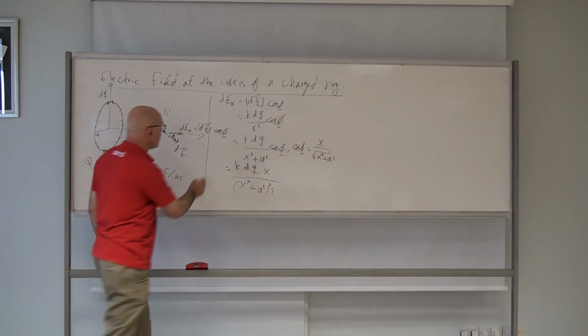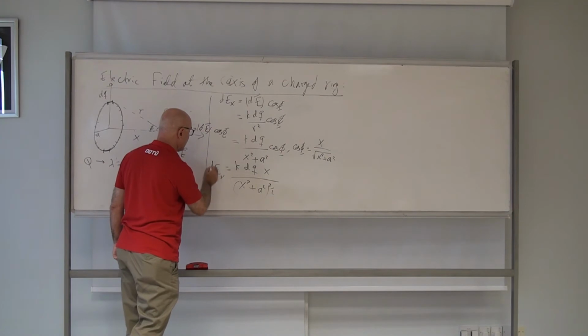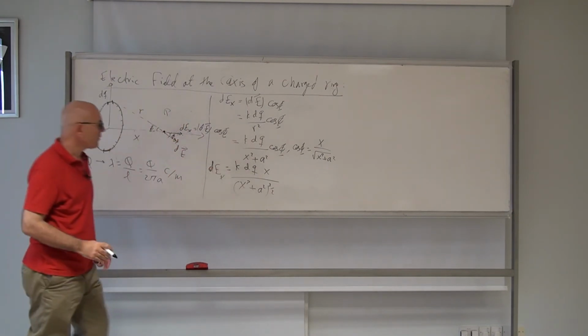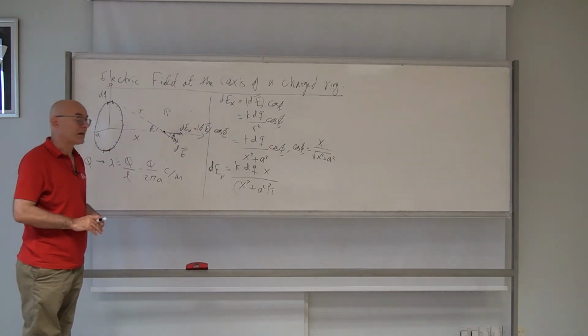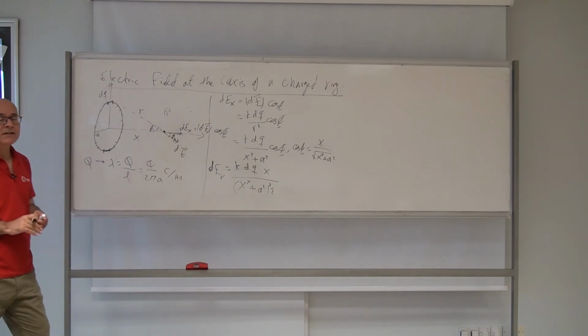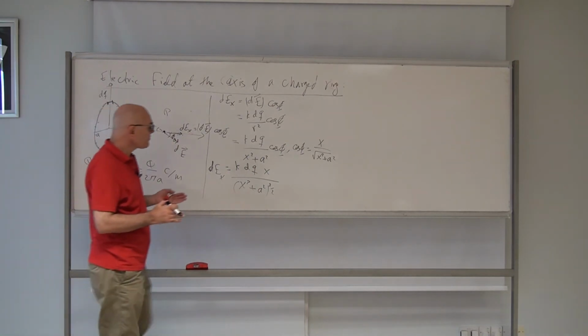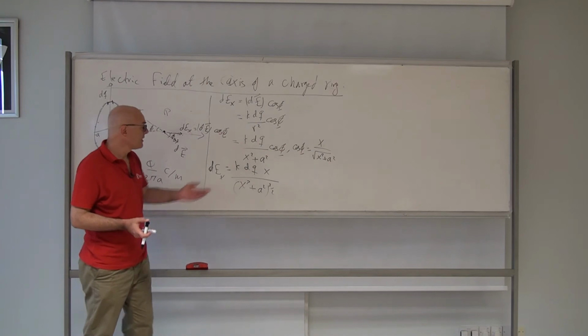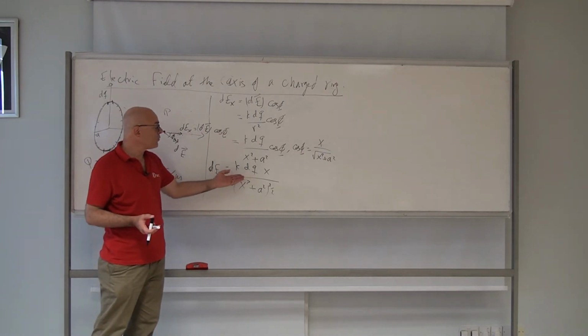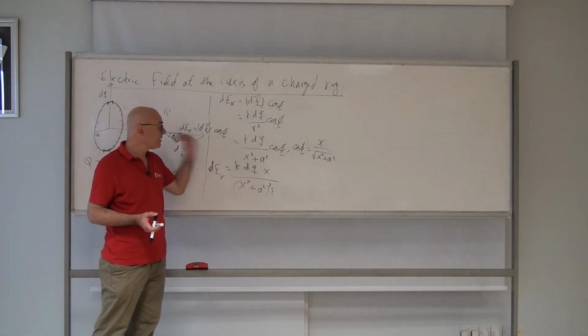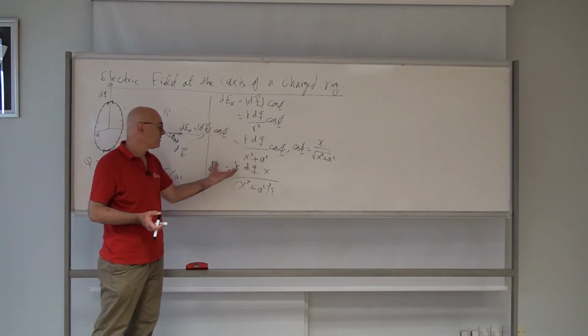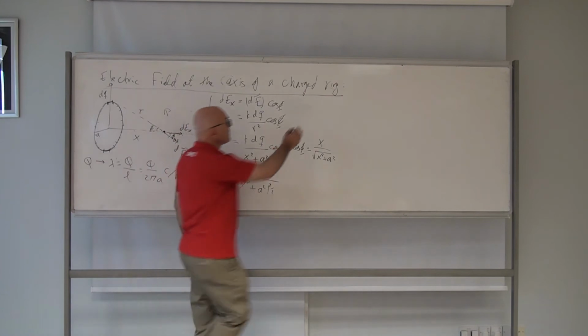Substituting this here, you get your dEx. Okay, so this is the expression for your dEx. Now, the next step is to express your dq in terms of the linear charge density.